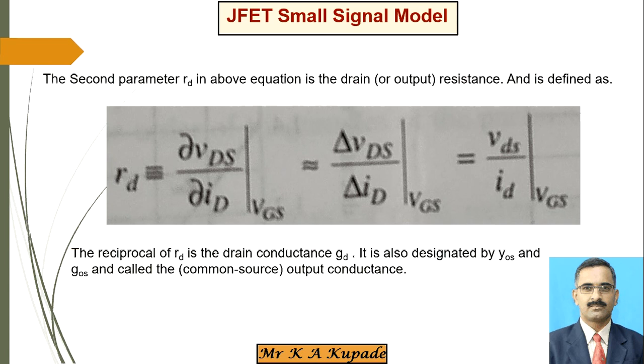The reciprocal of RD is the drain conductance. It is also designated by YOS or GOS and called the common source output conductance.